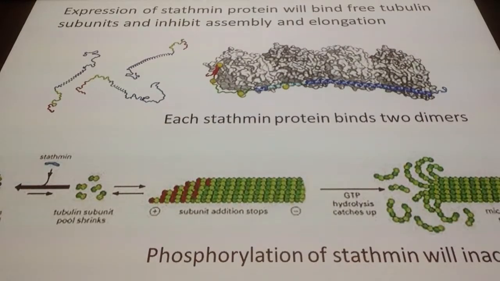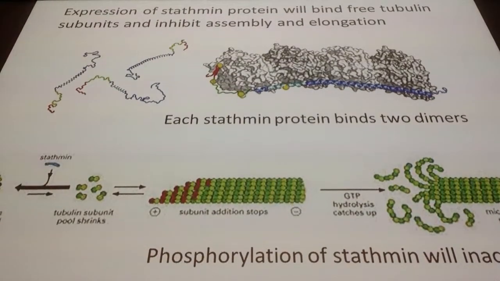Okay. The equivalent of thymosin and profilin is Stathmin. So Stathmin does a similar job as both thymosin and profilin. Okay? So therefore it requires a little bit of explanation. Stathmin itself can be either in an unphosphorylated form as well as a phosphorylated form.